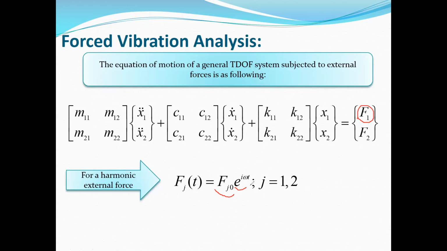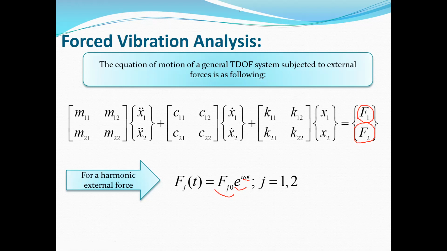So we want to find the response of the system subjected to a harmonic external force or harmonic excitation. Also for the second non-homogeneous term, F2, which is equal to F sub 2 0 exponential i omega t, where omega is the frequency of the excitation.